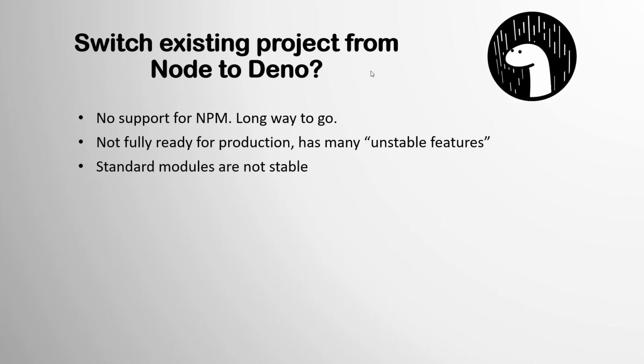And also the audited standard modules are not stable. Many of them are also unstable at this point. So for these reasons, it's absolutely not advised to use Deno in a production environment yet. So that should summarize it for you.